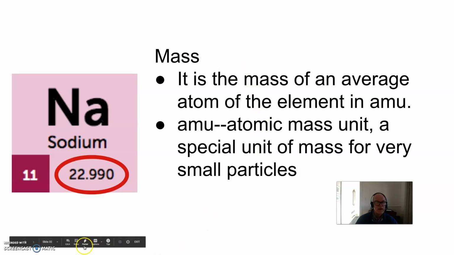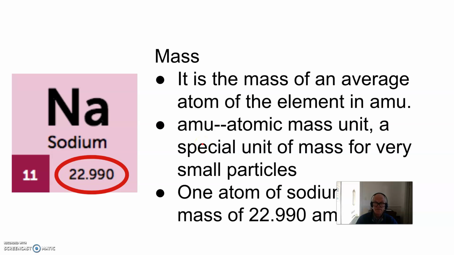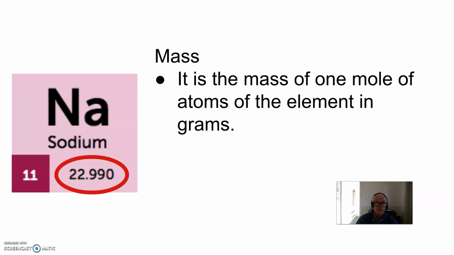An atomic mass unit is a special unit of mass, and it's used for very small particles like atoms and molecules. So we can say from looking at this periodic table entry that one atom of sodium has a mass of 22.990 AMUs.